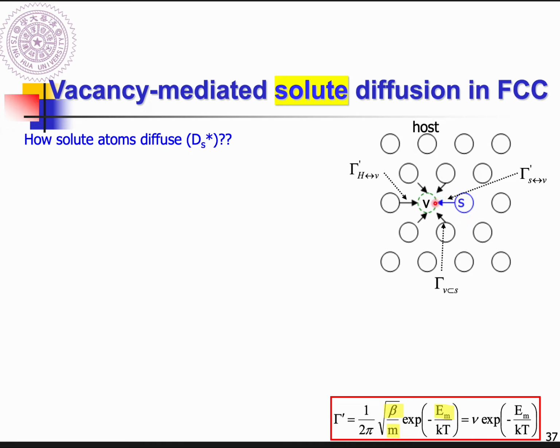Now you will find that before, in the vacancy mediated diffusion mechanism, the only possibility was that the host atom exchanges location with the vacancy, right?